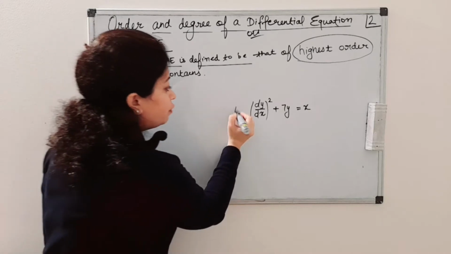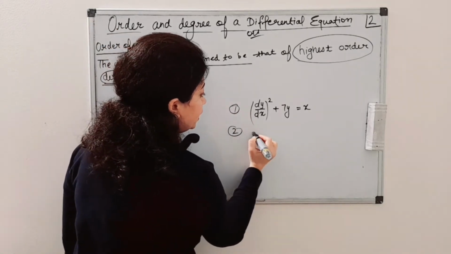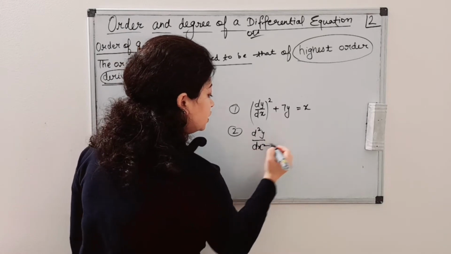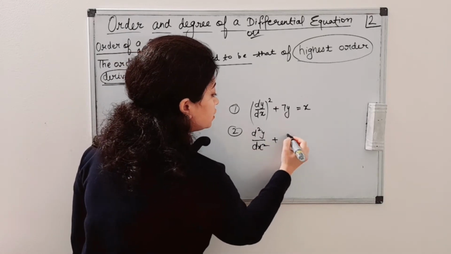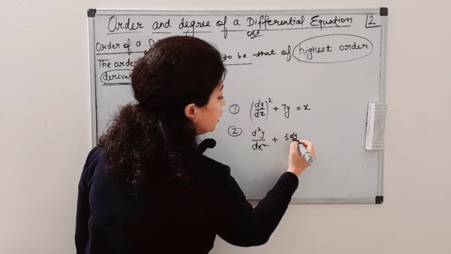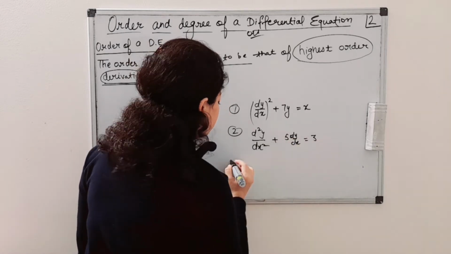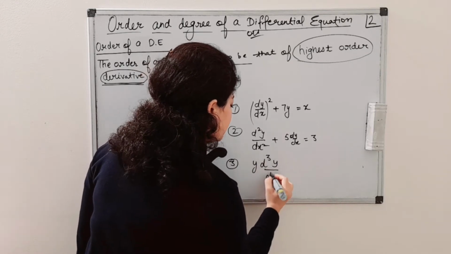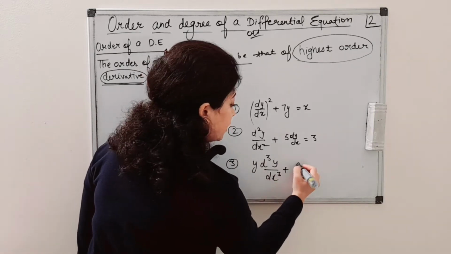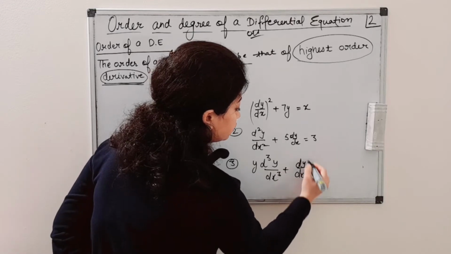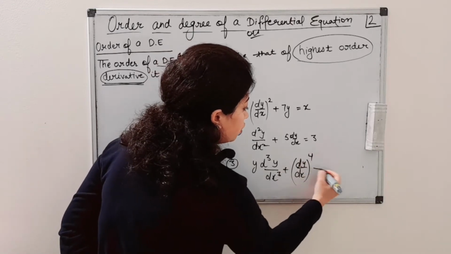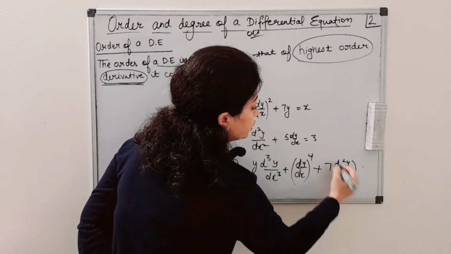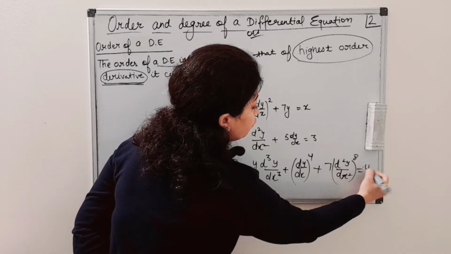Suppose we have a few differential equations. The second is d2y by dx2 plus 5 dy by dx equal to 3. Third we have y d cube y by dx 3 plus dy by dx raised to power 4 plus 7 d2y by dx2 raised to power 8 equal to 4.